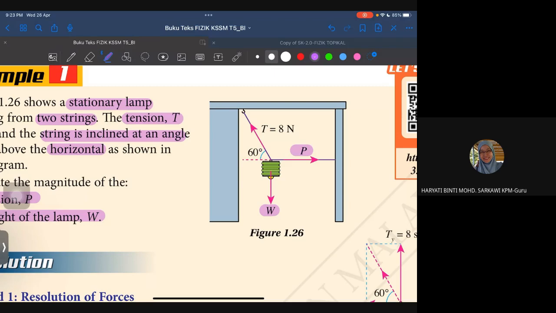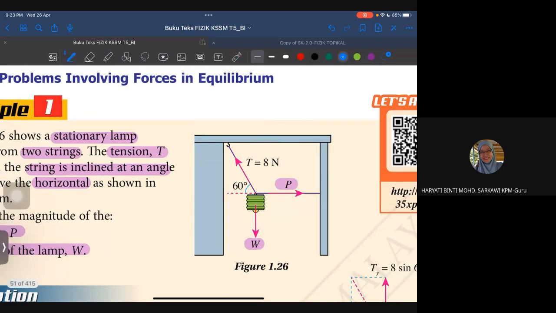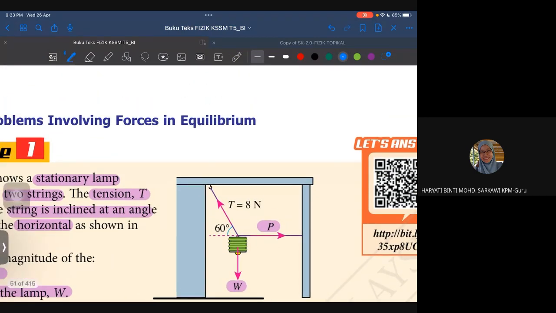Let's say 1 cm equal to 1 Newton. Then that means this will be 8 cm. So since the magnitude of T is 8 Newton, you need to draw 8 cm.